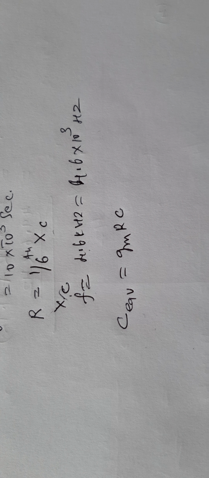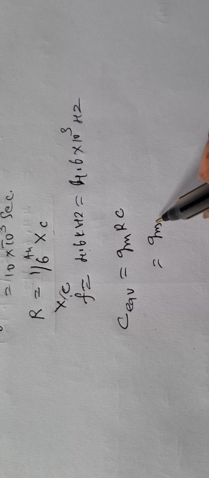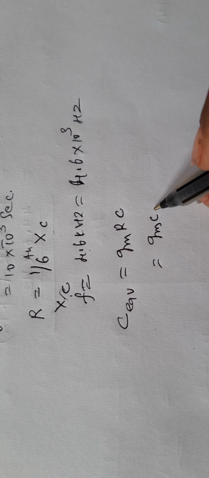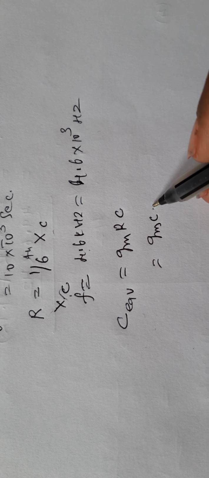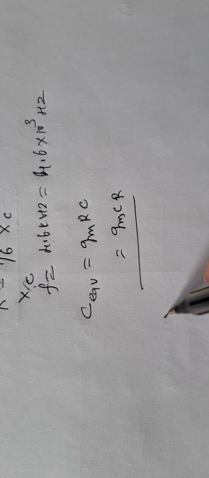Okay, C equivalent is gm into RC, which is equal to gm into C into R. What is R? R is equal to, I will consider Xc.